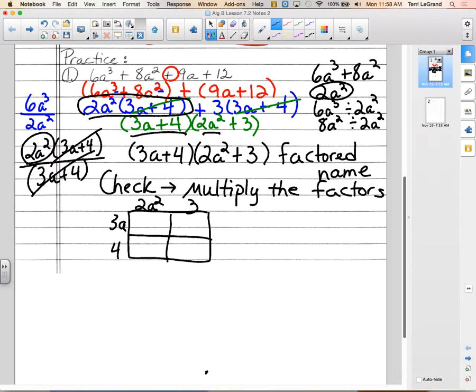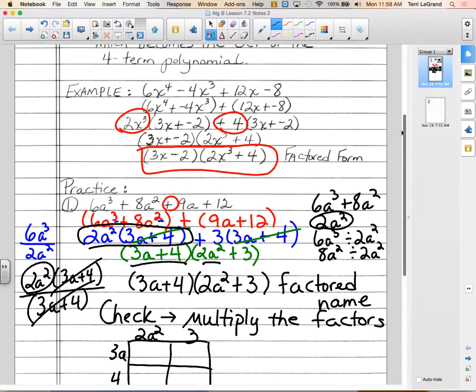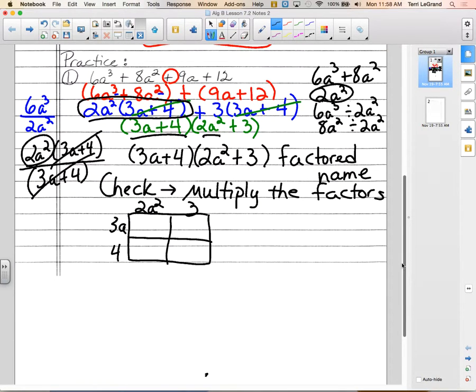And that didn't happen in the first one? Yeah, it did. In the example up here? I'm not sure I can figure out where. Okay. And then this is the other one, 3 times 3a plus 4.